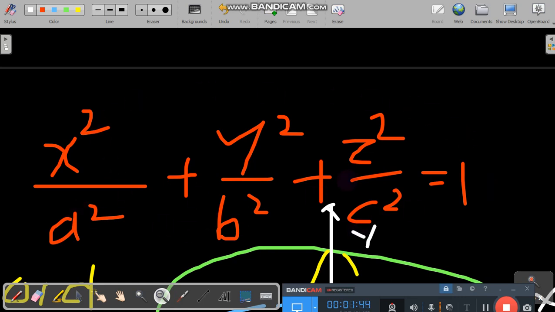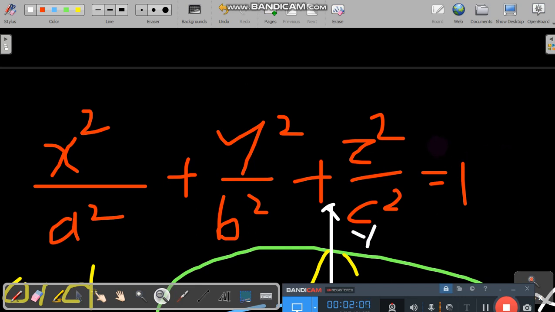So the set of points x, y, z which satisfies this particular equation is called an ellipsoid. This is one example for a quadric.